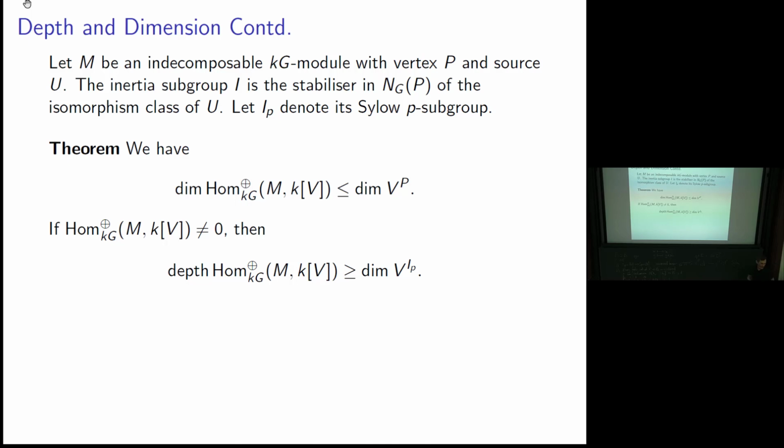And here I get somewhat stuck. The depth for a polynomial, and this one is true in great generality. You don't need polynomial rings. The depth thing is difficult. I don't think this is the best result. It's the best I could get. So you need the inertia subgroup, that's the stabilizer of the CR.